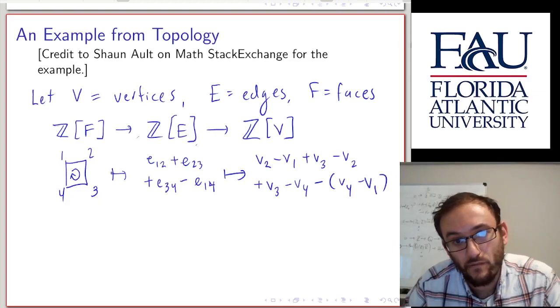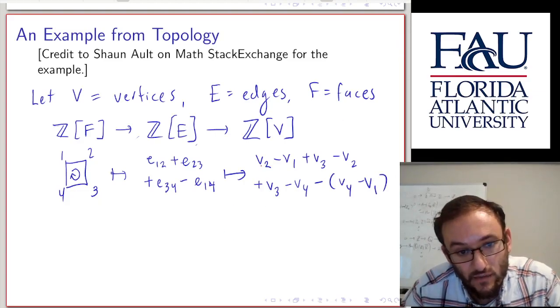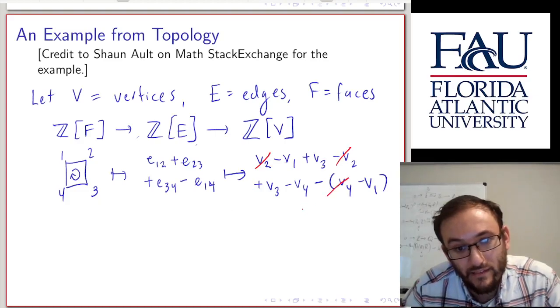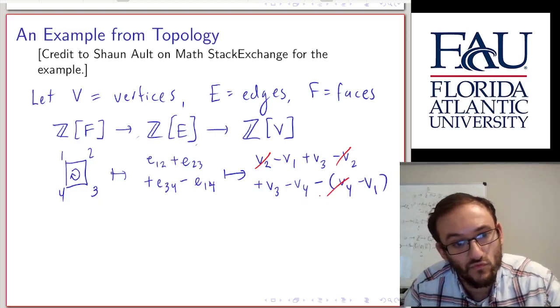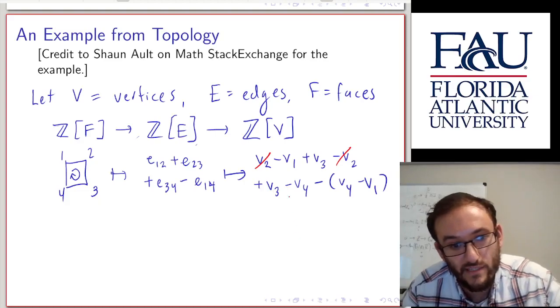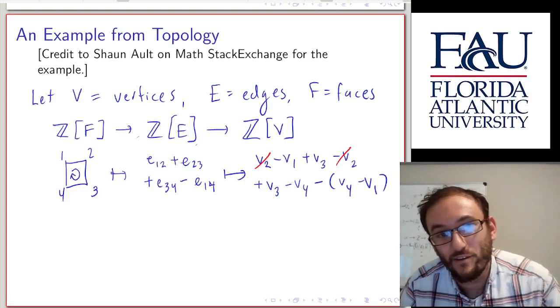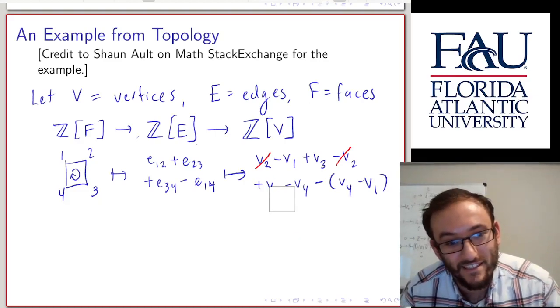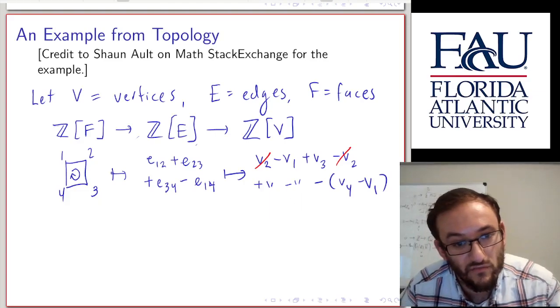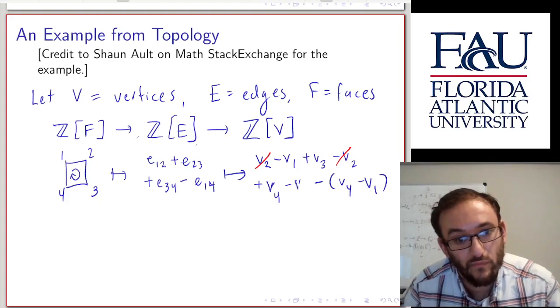Okay. And as you can see, we have a lot of cancellation here. Sorry, I made a mistake here, which I could tell because I didn't have the right amount of cancellation. So this should be V4 minus V3.